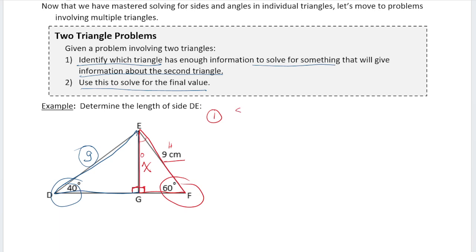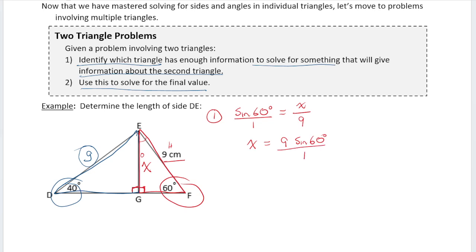So sine 60 degrees is equal to x over 9. Put that over 1 to make it a proportion. So x is equal to 9 times the sine of 60 degrees over 1.